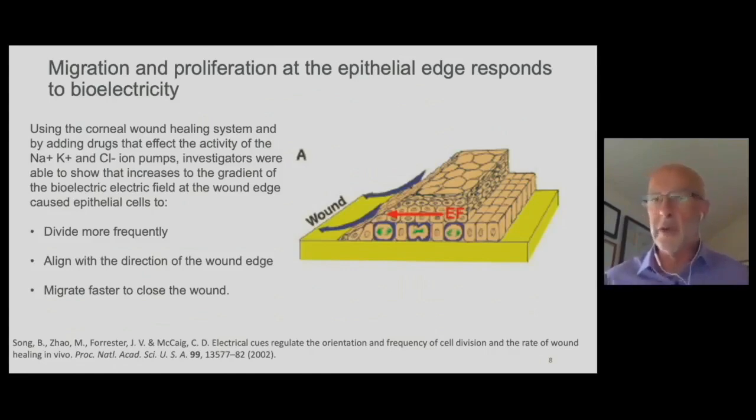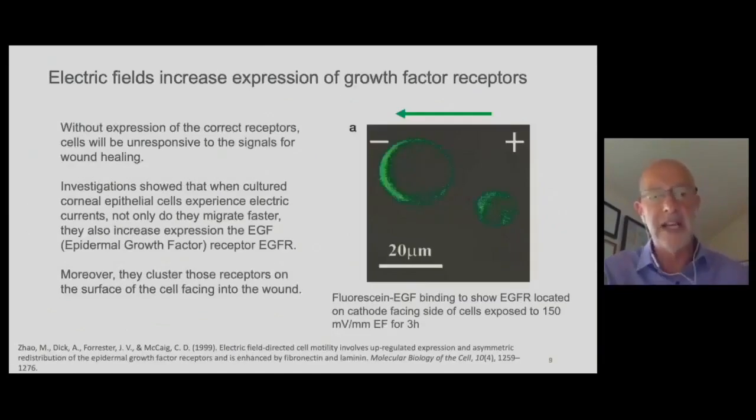Now, further work from the same group has steadily increased our knowledge of how cells respond when they are put in the presence of a current of injury, a small direct current. And one of the things is that electric fields increase the expression of growth factor receptors.